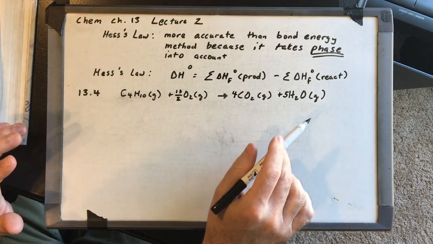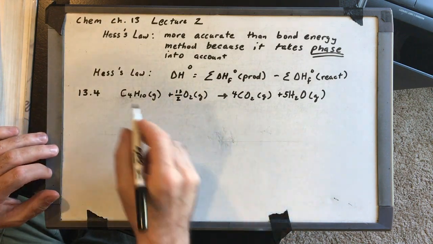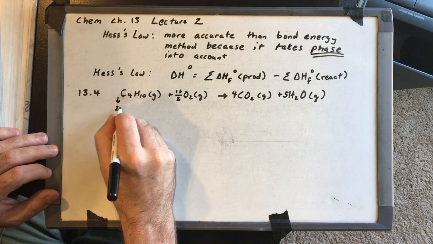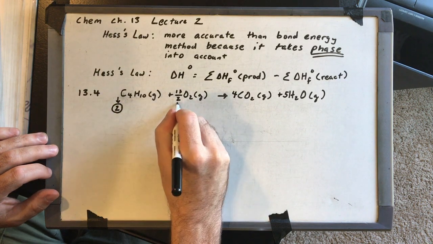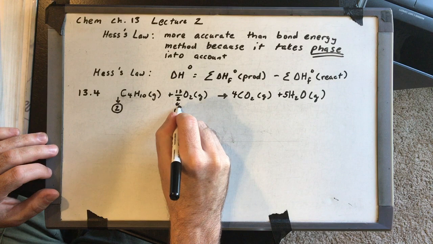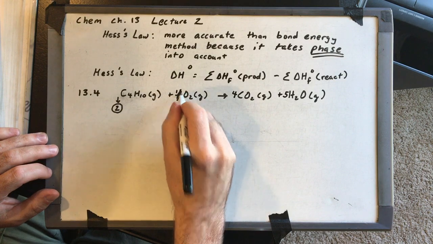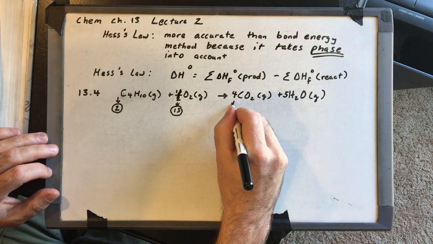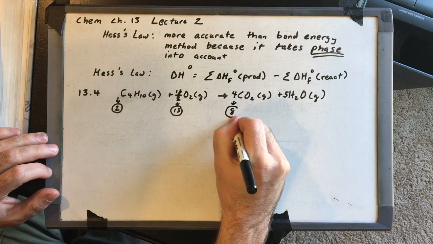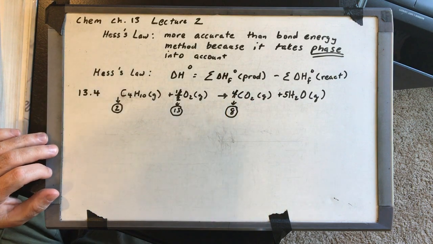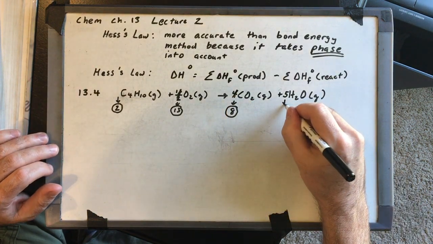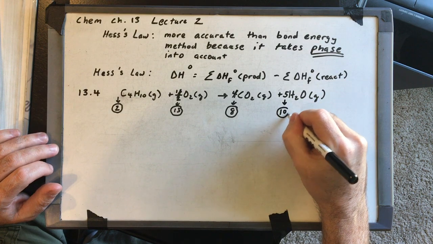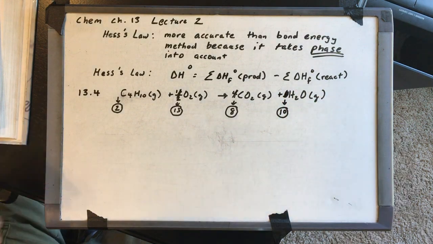And then we need to multiply everything through by 2. So that's going to give us a 2, 13, I'm going to mark that out, 8, and 10. Right, you do have to have it balanced correctly.